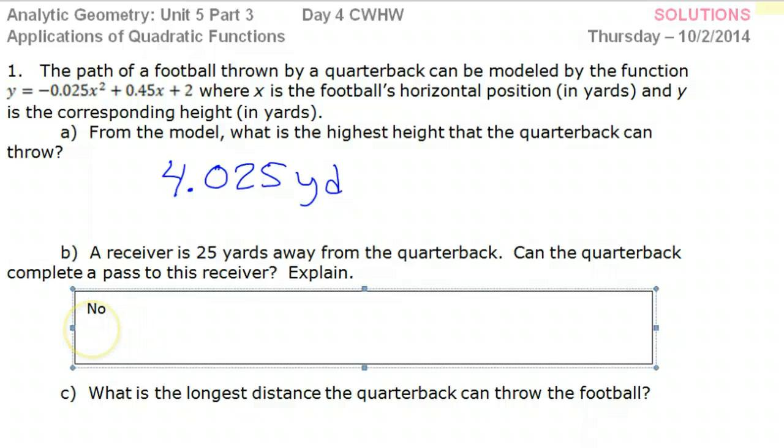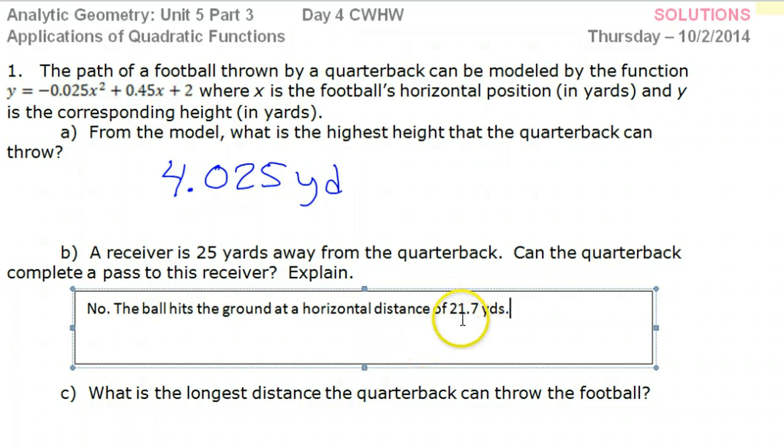Alright, so we can say no. The ball hits the ground at a horizontal distance of 21.7 yards. It will not reach a distance of 25 feet. Alright, something like that would be a good explanation of why no, he can't reach that far.